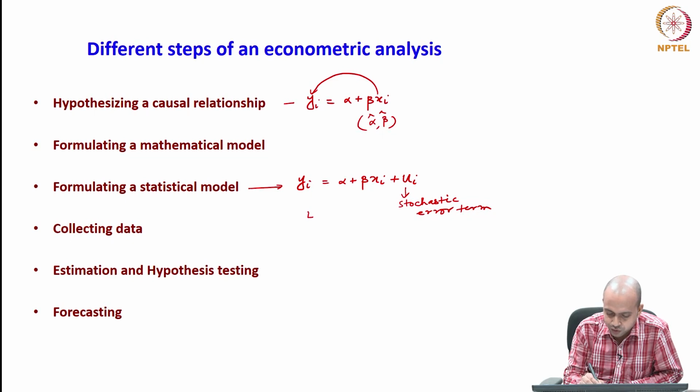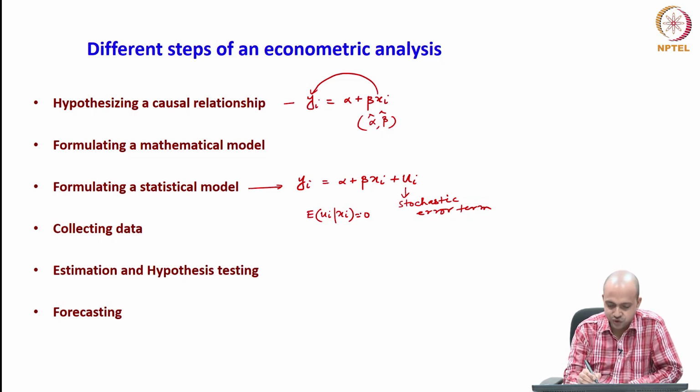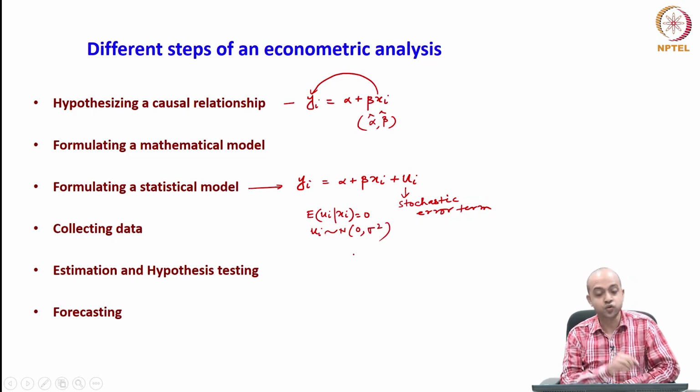Firstly, we assume that the expectation of ui given xi is 0. The conditional mean of the error term is 0, and then ui follows a normal distribution with 0 mean and some sigma square variance.